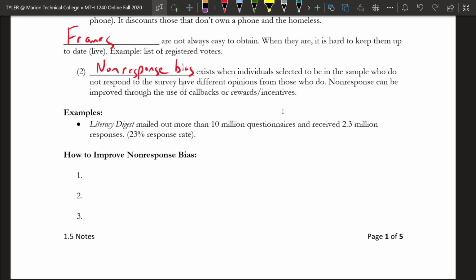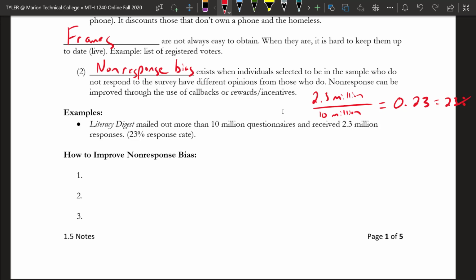So if you take 2.3 million and divide it by 10 million, you're going to get 0.23, which is 23%. Okay.